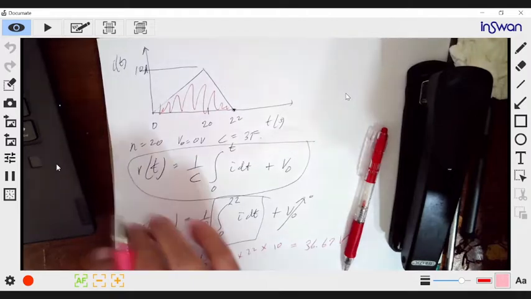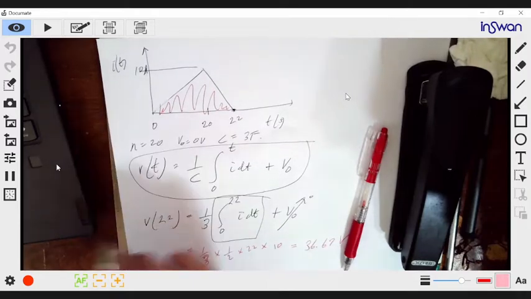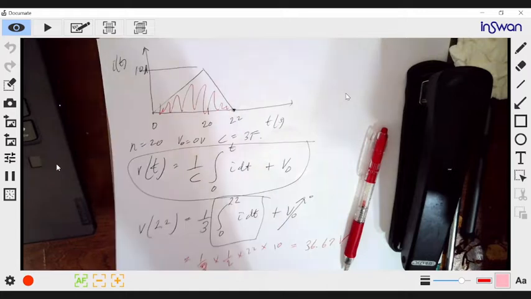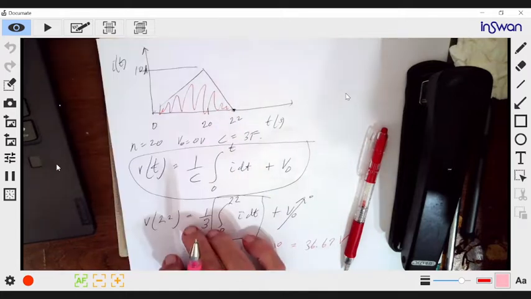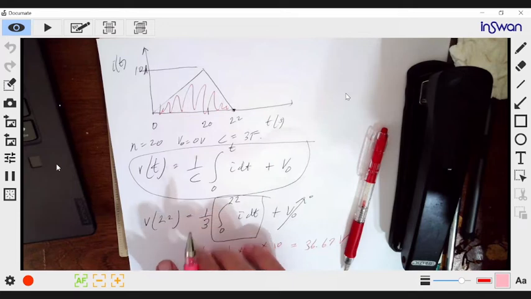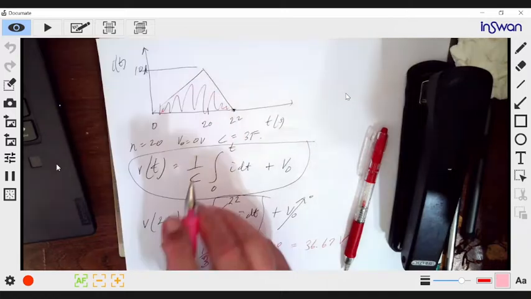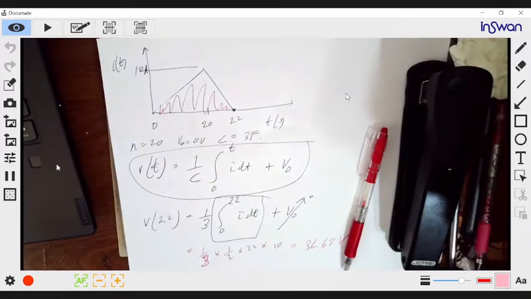He said V of t was a straight line function. V of t is not a straight line function. V of t is in fact a quadratic.